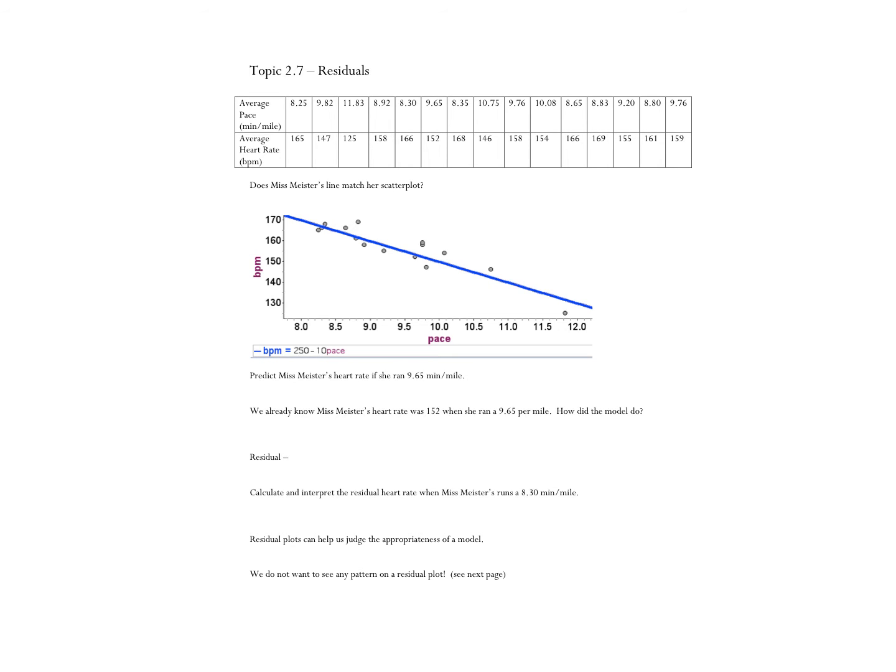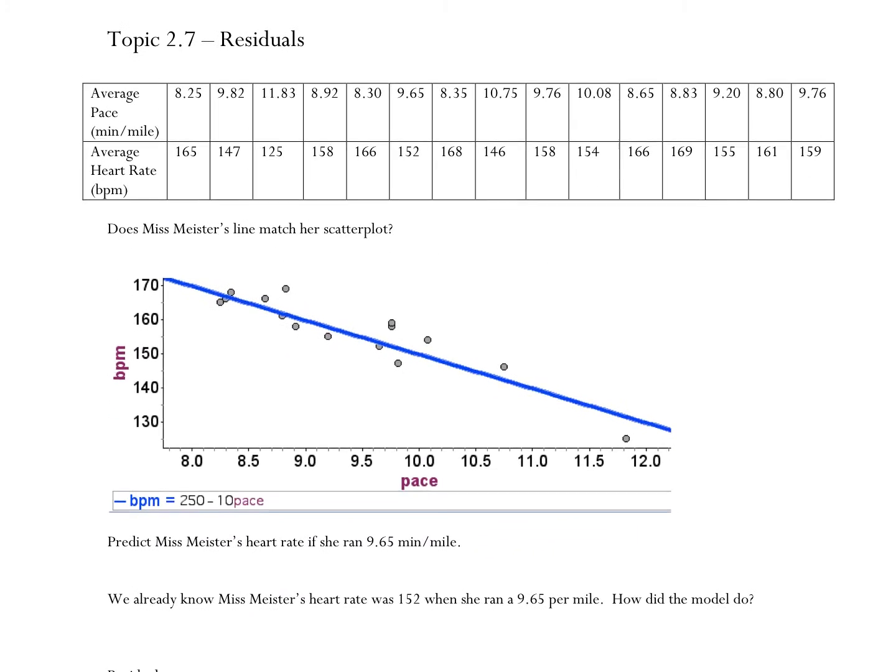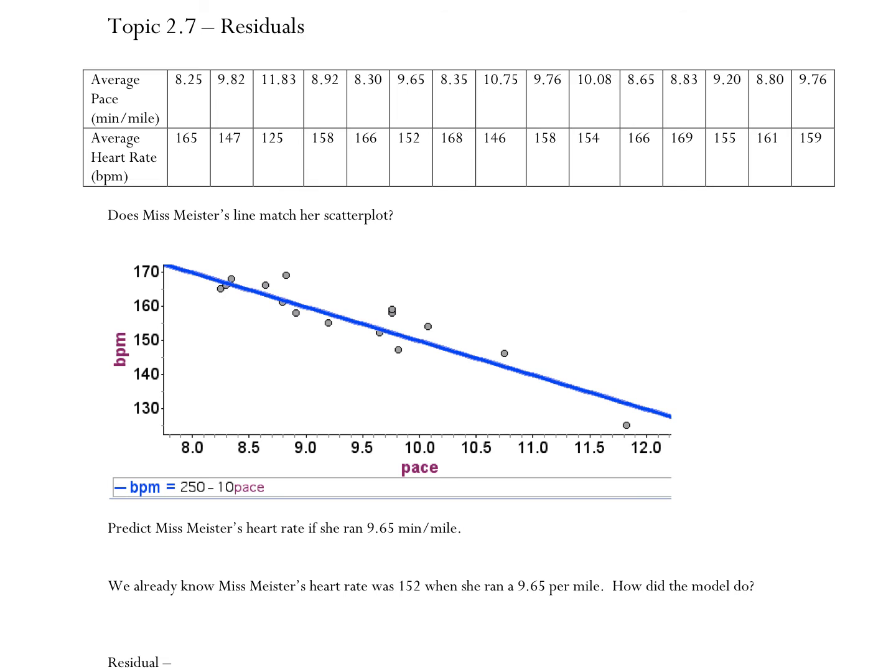All right, residuals. Can you guys make the prediction for a pulse rate at 9.65 minutes per mile? 153.5.